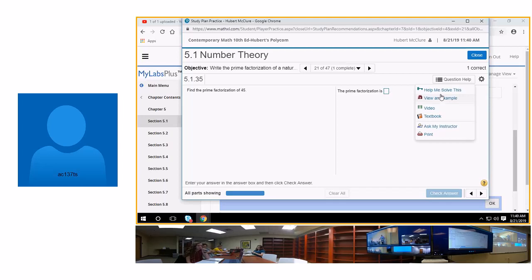And there are some things in this course that you may have never seen before. So you would use help me solve this. Another word I would put beside help me solve this: material never seen before. View an example. What I want you to write beside view an example is review.